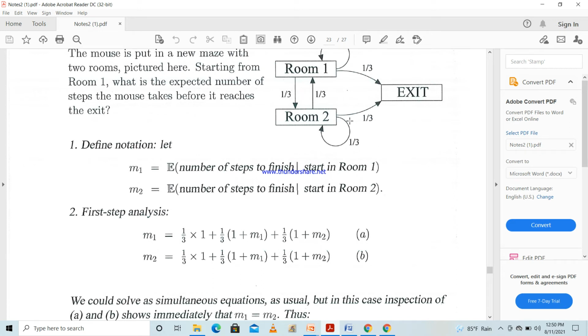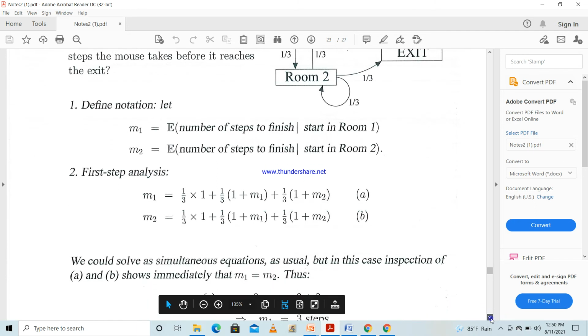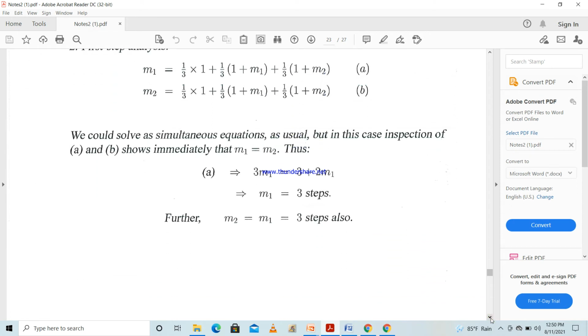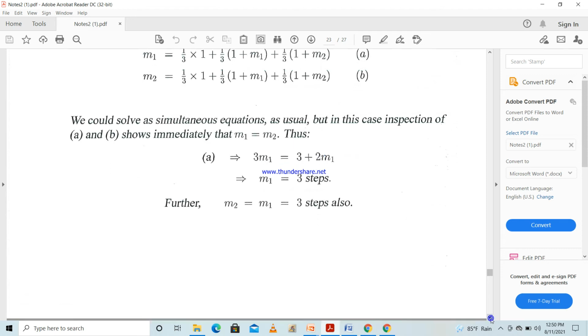Plus, if you use this path, the probability is 1/3, you will come back to room number 2 again, and so that is why 1 plus M2. So we have two unknowns, M1 and M2, and two equations. So we can solve these equations simultaneously and find M1 and M2. You will see M1 and M2 are both equal to 3.